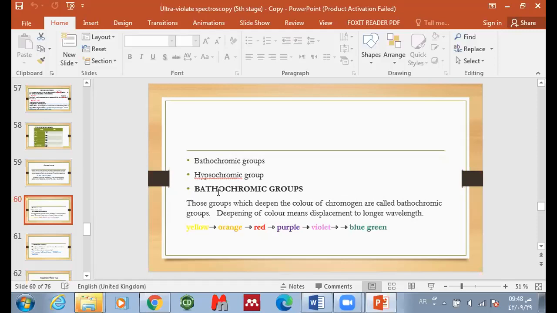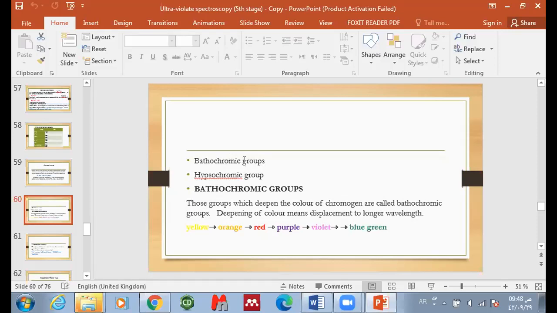We spoke about these terms before, bathochromic and hypsochromic shifts. Here we have bathochromic and hypsochromic groups, which are responsible for those shifts. Bathochromic groups are responsible for the bathochromic shift, and hypsochromic groups for the hypsochromic shift.